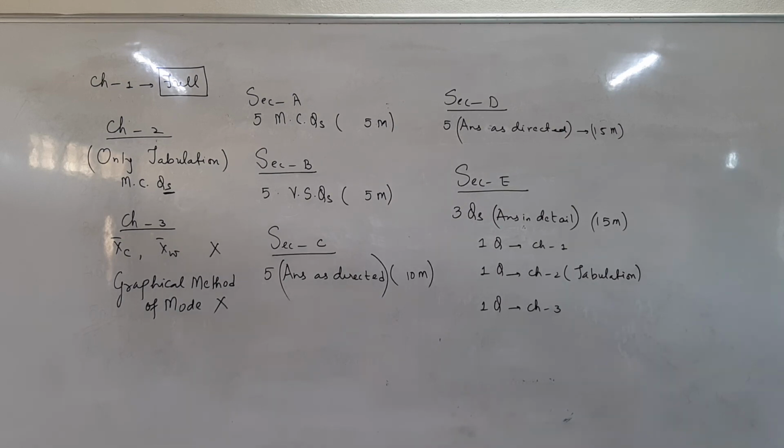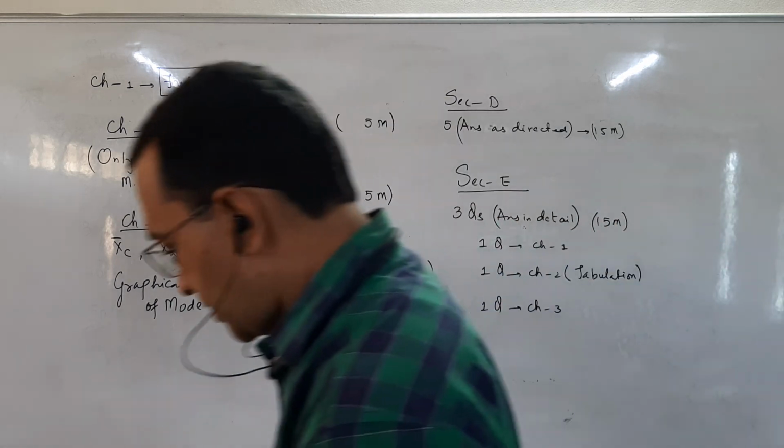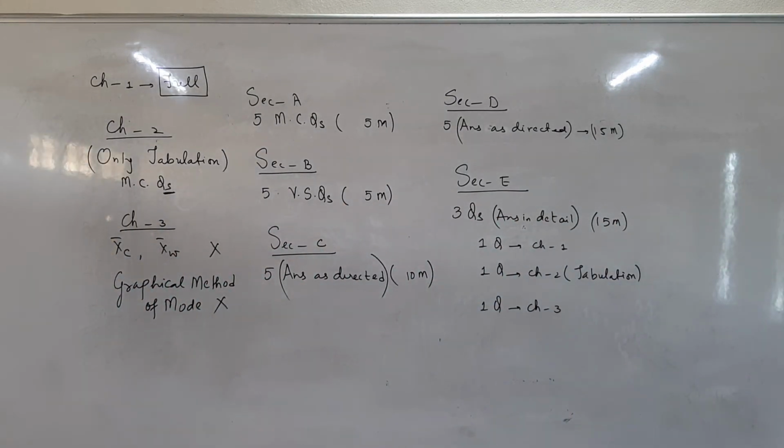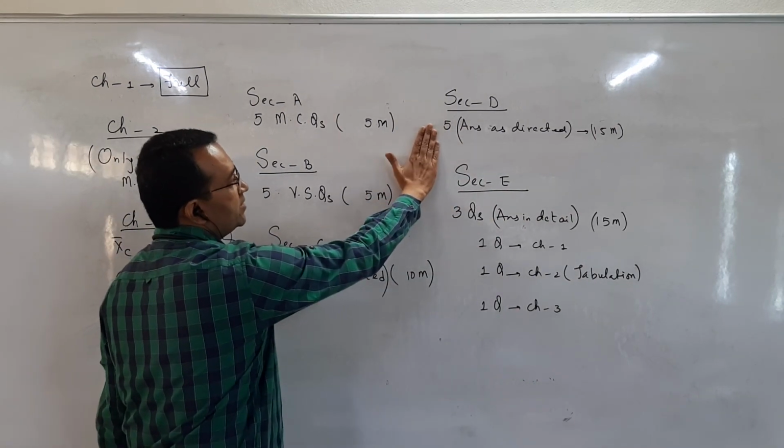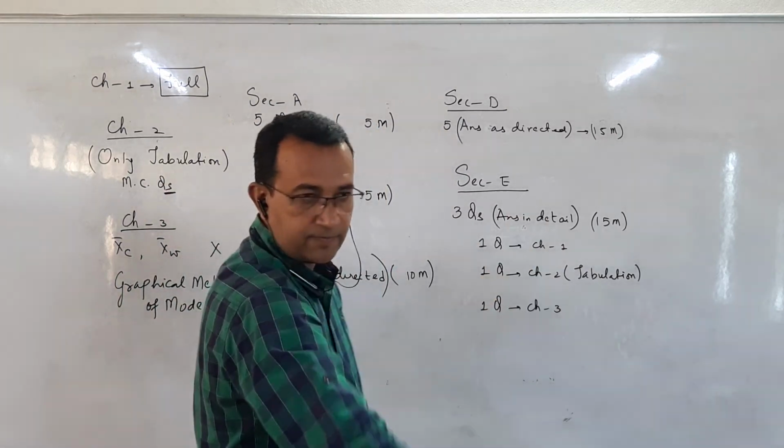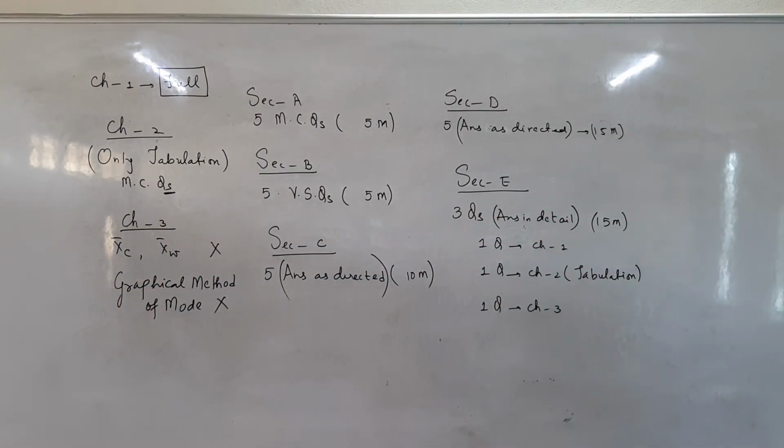The concept of combined mean and the concept of weighted mean have been removed, and the graphical method of mode has also been removed. Whatever questions I ask from chapter 2 will be only based on tabulation. One small sum of tabulation you will have in section D, and one long sum of tabulation in section E.